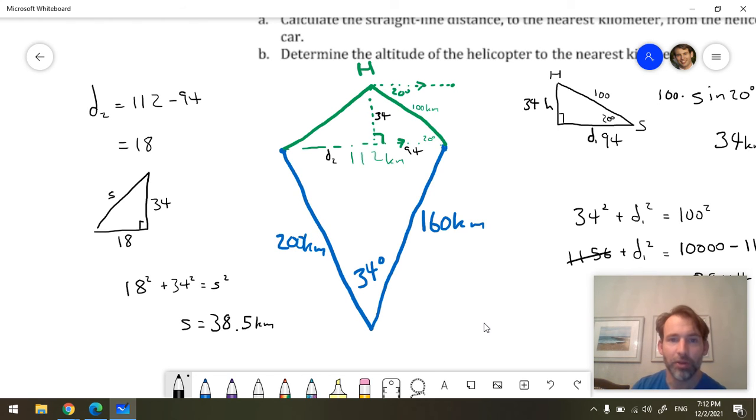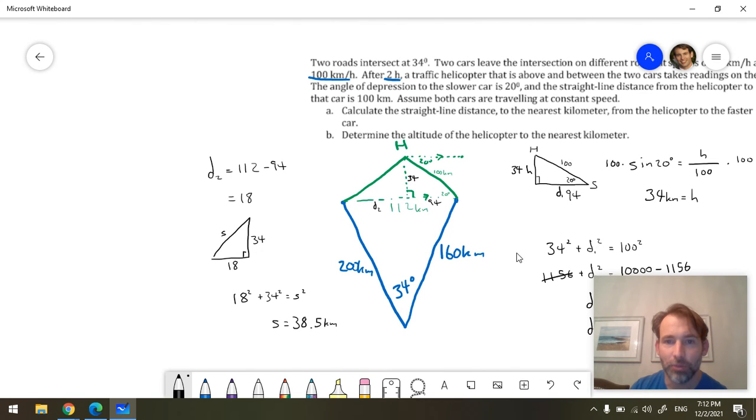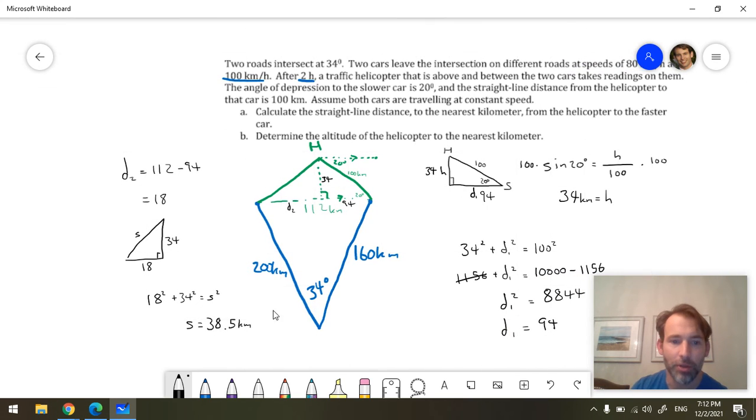Okay, so now we found all the required information. So we've calculated the straight line distance to the nearest kilometer. Actually, it's just 38 because this would actually round down to 38, because it was 38.47. That rounds down to 38. But it rounds up to 38.5. You can't then round up again.